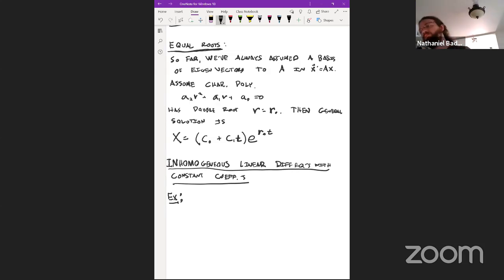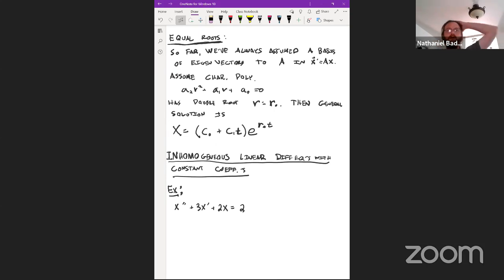So, example. Let's say that we have, this might be too simple, an equation equals 2. Okay, so this is inhomogeneous, and it's inhomogeneous because we've got a 2 on the right-hand side.